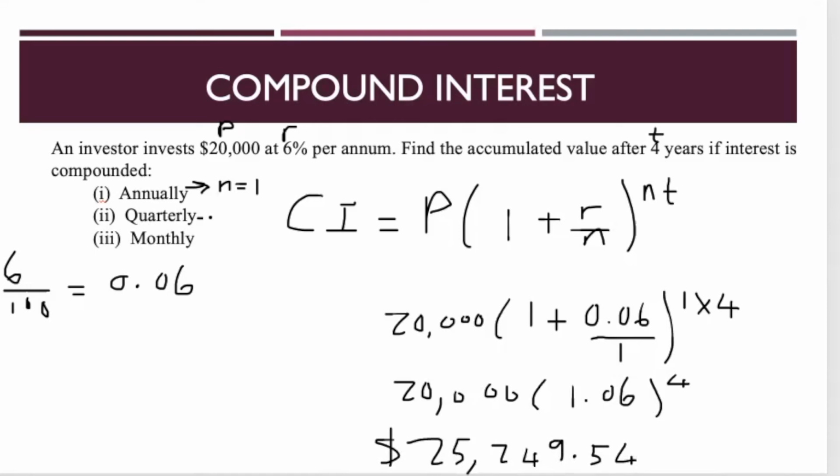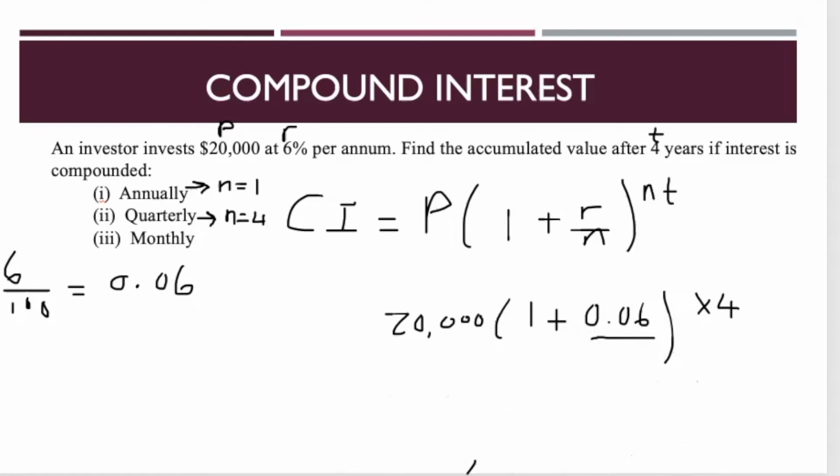Let's look at if it's compounded quarterly. Quarterly means N is 4 because the number of compounded periods is 4. So in this case, where I have 1, I am going to replace N to be 4. So the only thing that changes is N. So I'll have my 4 here and my 4 right here.